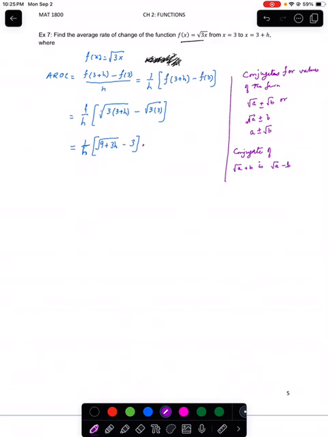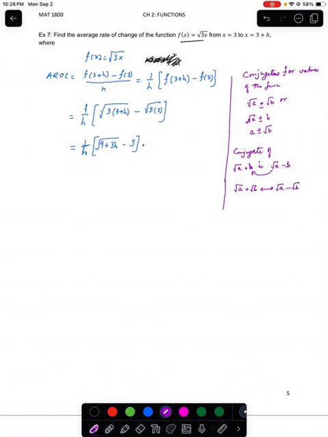So, for example, the conjugate of square root of a plus b will be square root of a minus b, and they are conjugates of each other. In the same way, if you have square root of a plus square root of b, then the conjugate will be square root of a minus square root of b.